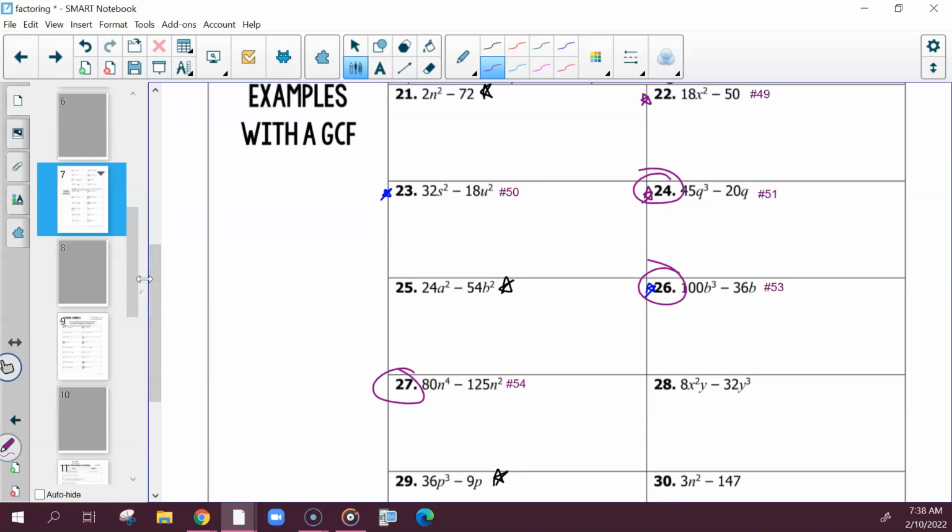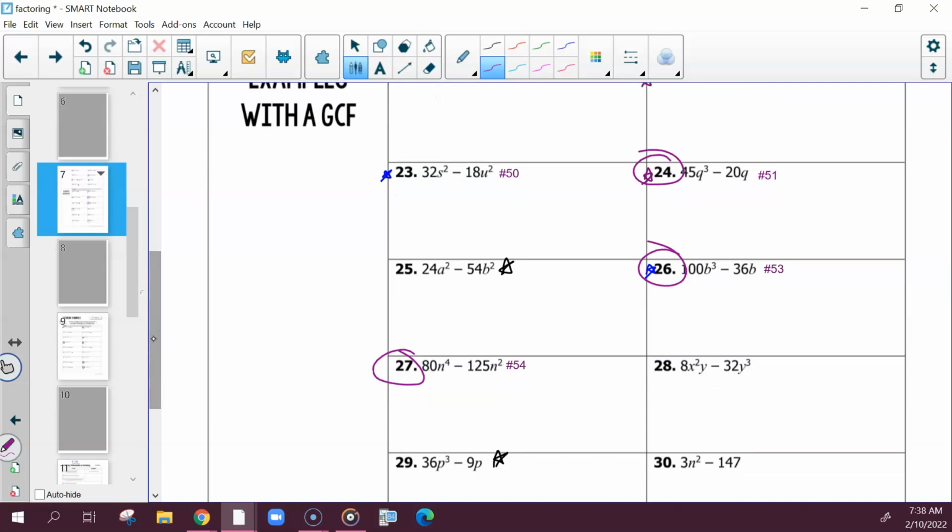So starting with number 24, first, can we use difference of squares as is right now?